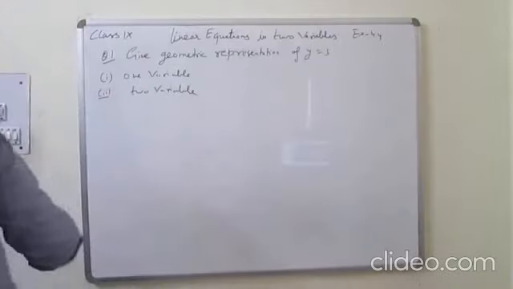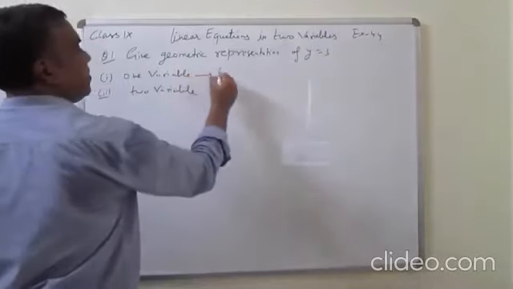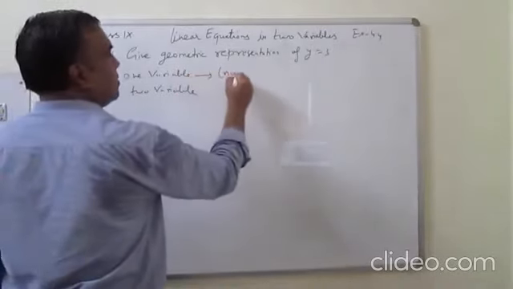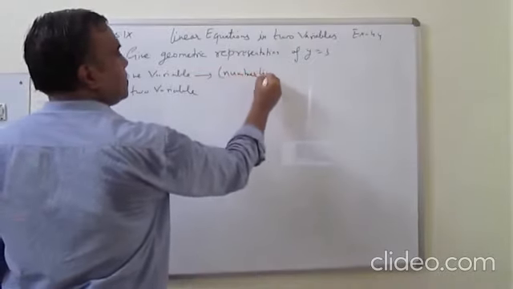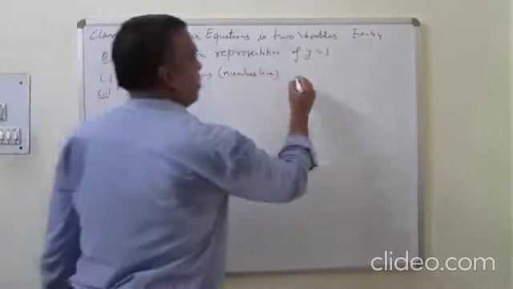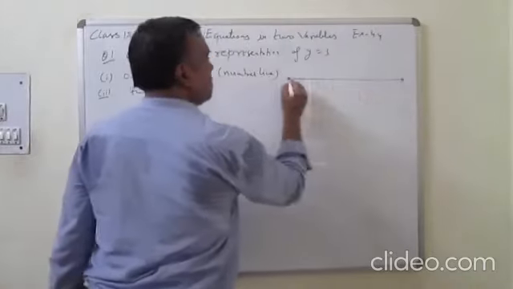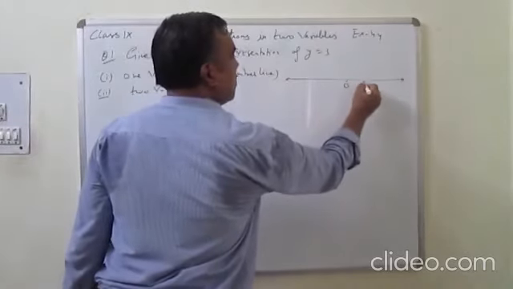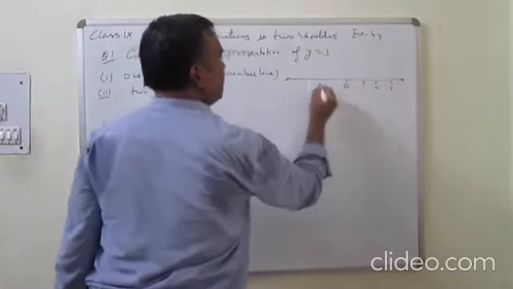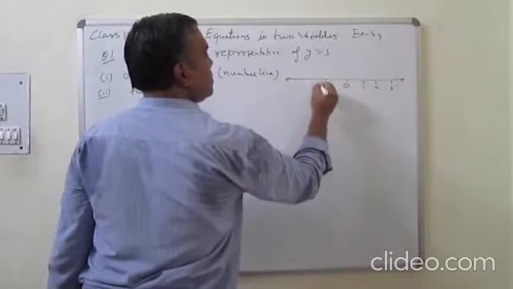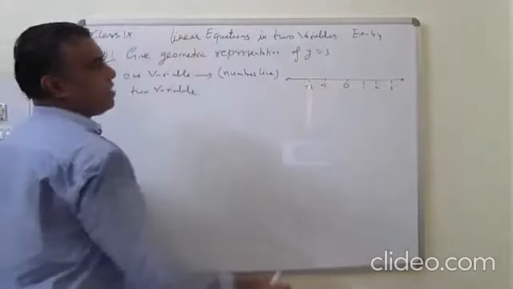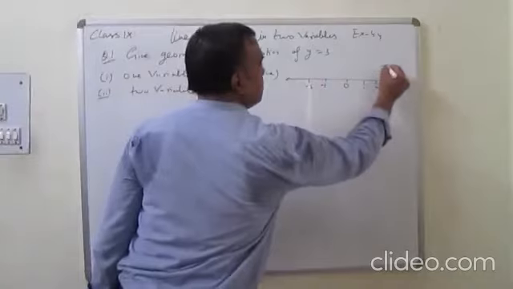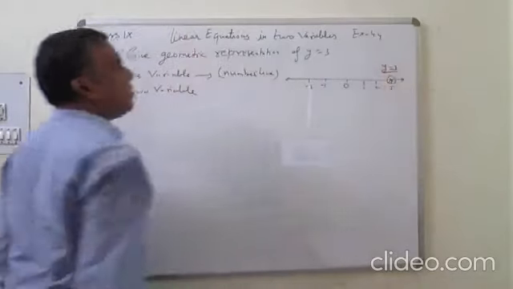In one variable we show a line on a number line. So draw a line. This is origin O, right side positive points, left side negative points. So y is equal to 3 is this point on the number line.